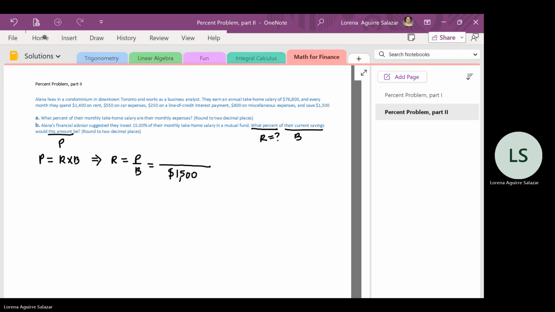So here, what we have on top is what the advisor suggested they invest in a mutual fund.